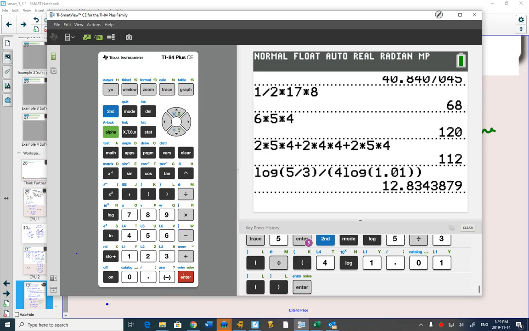That's also 12.83. If you look at what I typed in, it should make no sense whatsoever. I typed in the word log into a bunch of things, and I happen to get the same answer. So this is what we're leading towards. We're going to learn how to use the log button, okay?